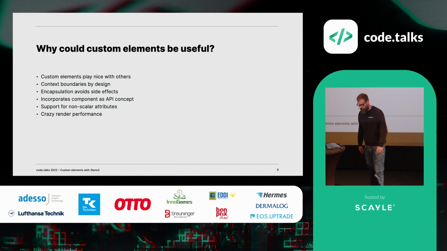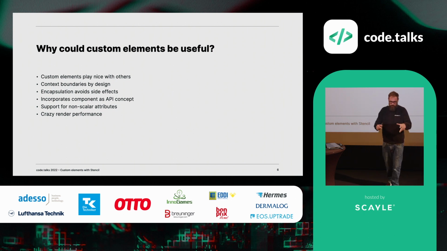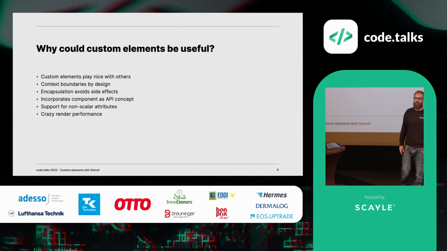And from the nature of web components, what is going on under the hood, one of my favorite benefits is the really insane render performance coming from the use of web components.